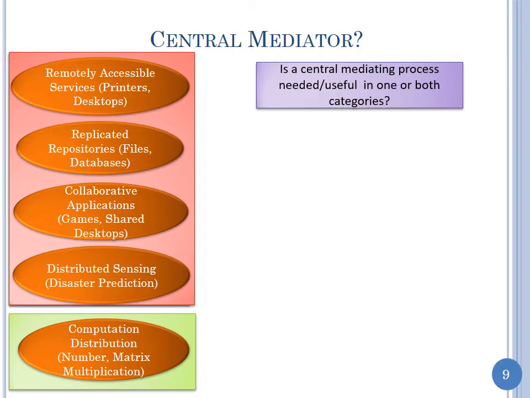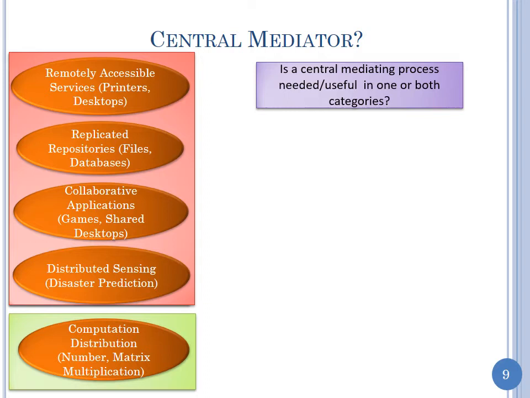And so you have sort of a hub and spoke architecture, if you will, where the hub is the central process, and then there are these satellites around it. Okay, so try to think why you might, based on what little we've discussed about these applications, why might a mediating process be useful in the first category and in the second category, and we can talk of subcategories within the first category too.